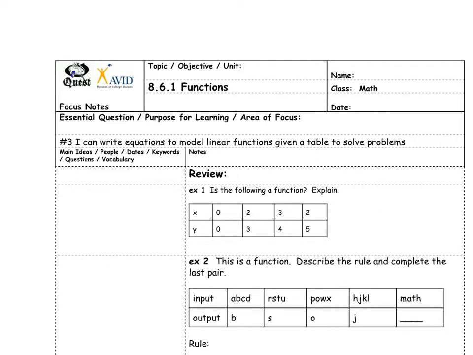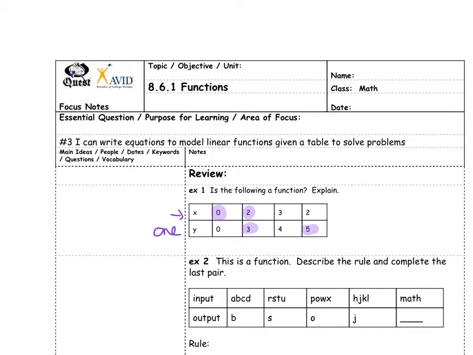Hopefully you learned that for something to be a function, for every input there can only be one output. So I notice here that for 0, I know I'm going to get a 0. But for 2, I sometimes get a 3 and sometimes I get a 5.